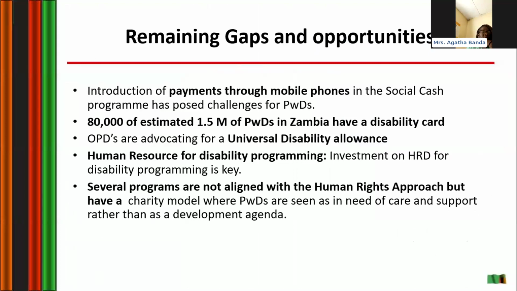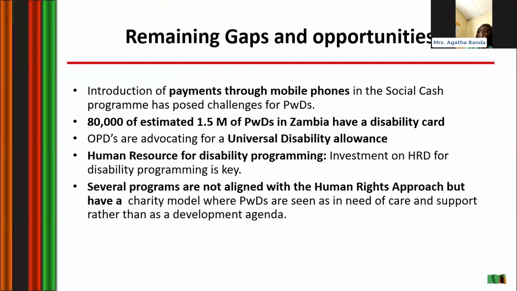Okay, so on the gaps and opportunities, they mentioned the introduction of payments through mobile phones. And then one of the gaps that we have is the gap as an agency. We are the ones mandated to register persons with disabilities.